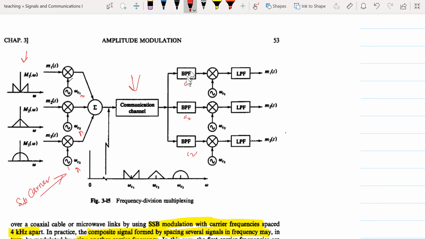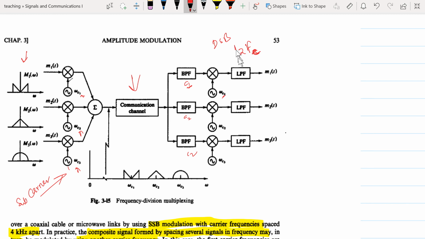Applying the same principle that we applied when doing DSB, when you multiply C1 with another locally generated carrier of the same center frequency, you end up with one component that is centered at zero frequency, and another one that is centered at twice the frequency of the carrier.